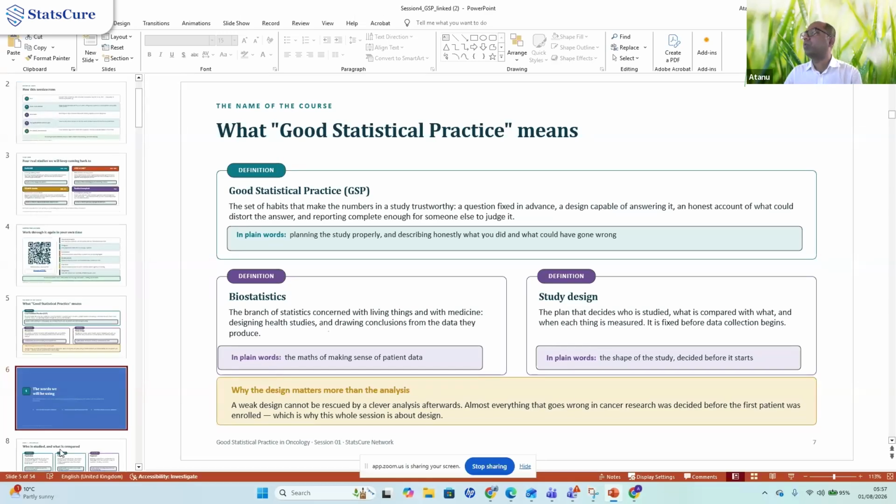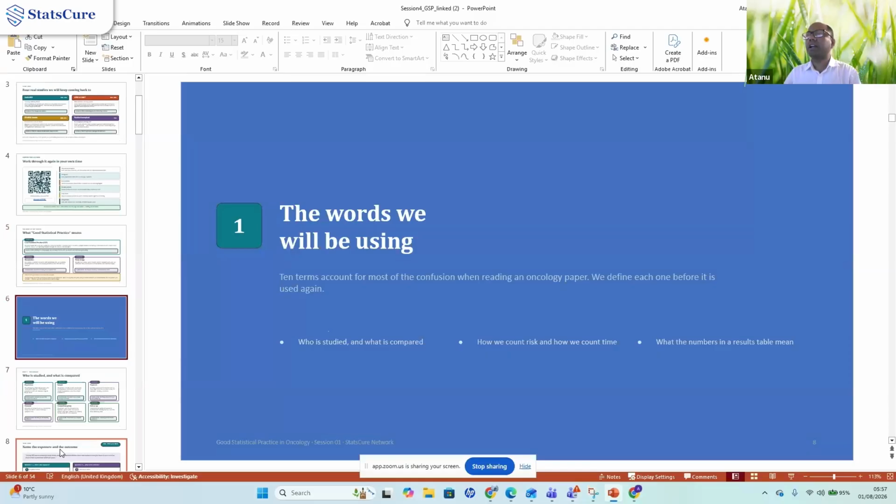So we will go through the design part today, and before that we start with some preliminary terminology and definitions, and Akash will go through those definitions.